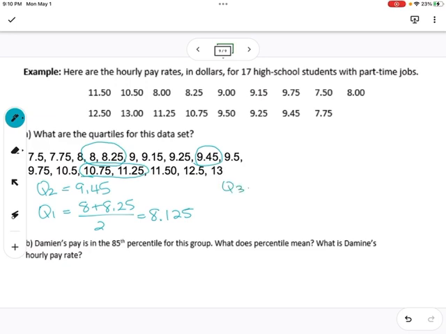So for our Q3, 10.75 plus 11.25 divided by 2 gives our quartile 3, which is 11.